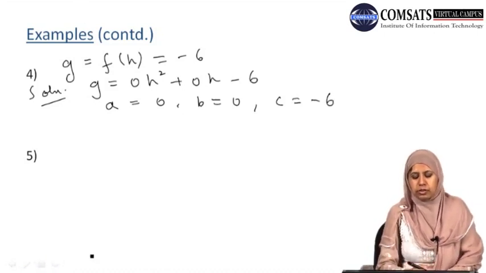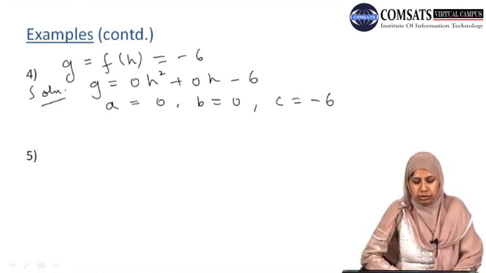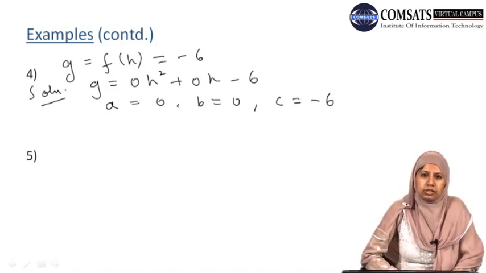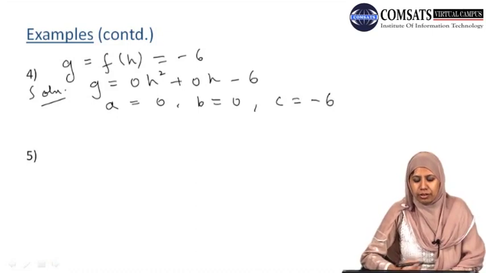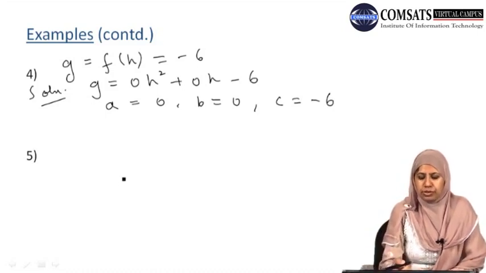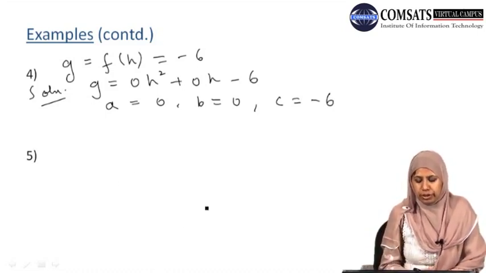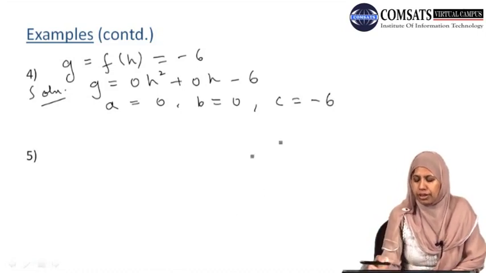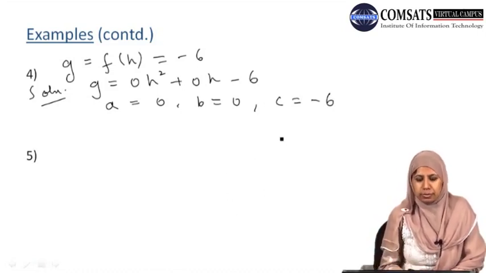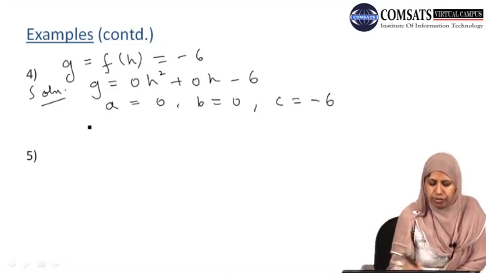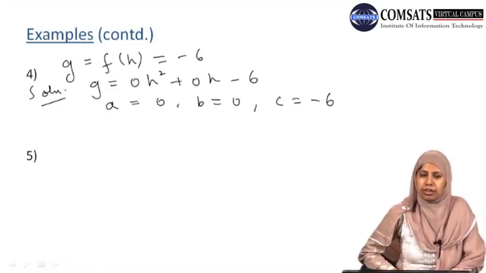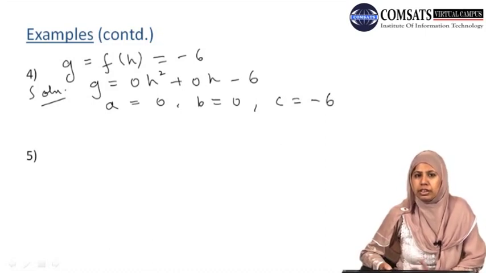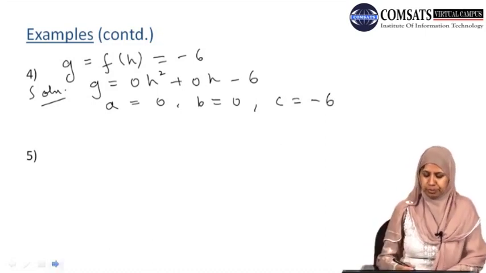And since the coefficient of h square is 0, the given function is not a quadratic function. Then can you give the name of the function if it is not a quadratic function? A is equal to 0, b is equal to 0, and if you look closely, the value of the constant c is minus 6. So this type of function is a constant function, which we have discussed in our chapter 4.